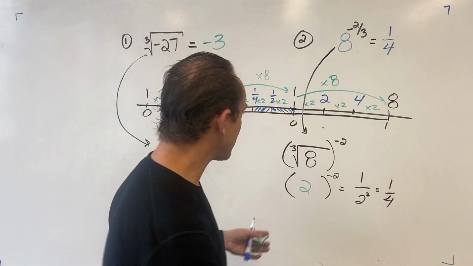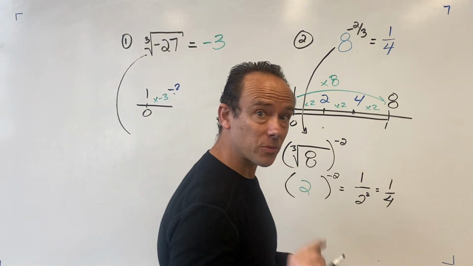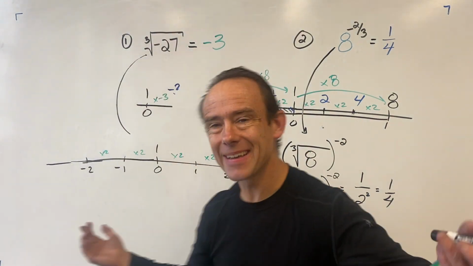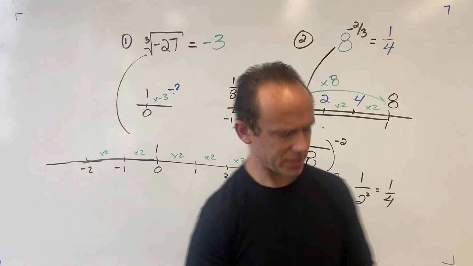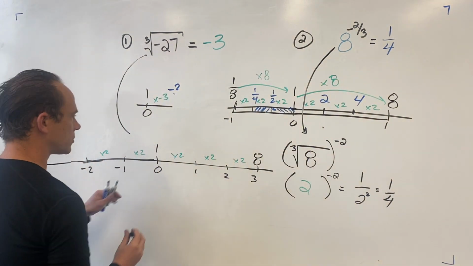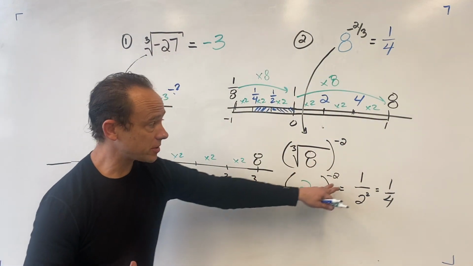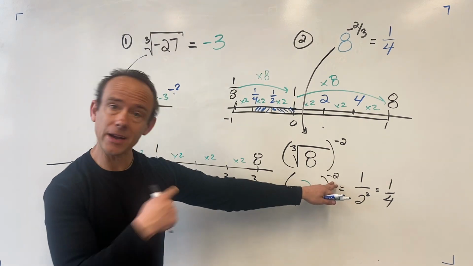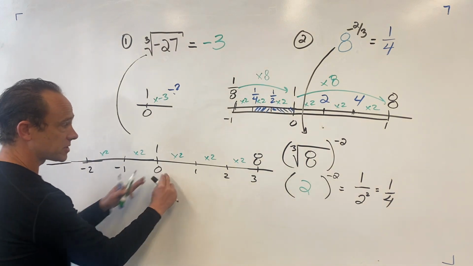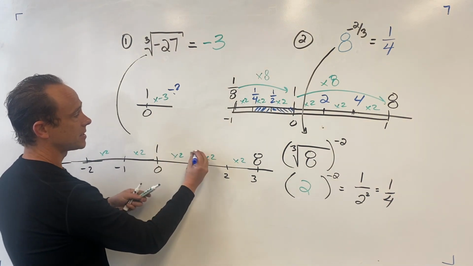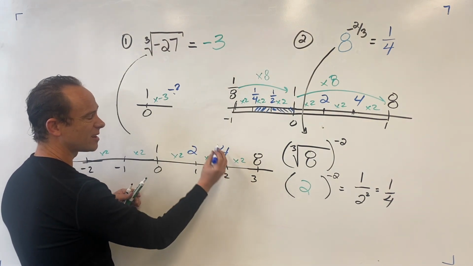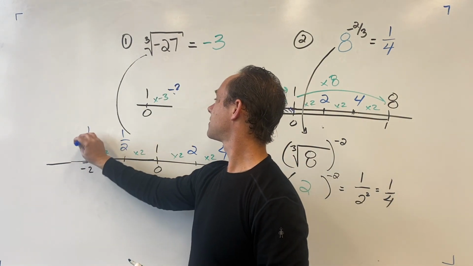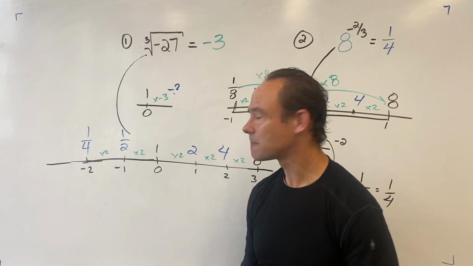Or you can think about it like this. Let me draw it real quick. I don't know if this picture worked out as well as I was hoping it would, but regardless, 2 to the negative 2 just says count by times 2, backwards 2 steps. If this is forward 2 steps and you're at 2 and 4, backwards 2 steps, you'd have to be at 1/2 and 1/4.